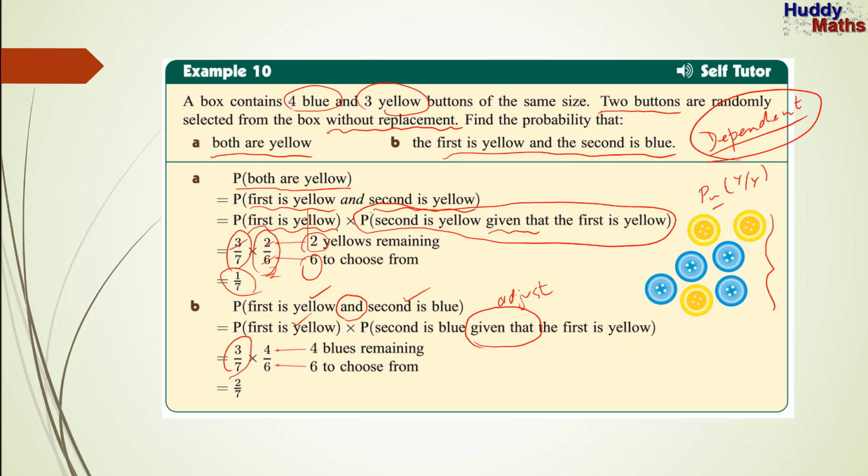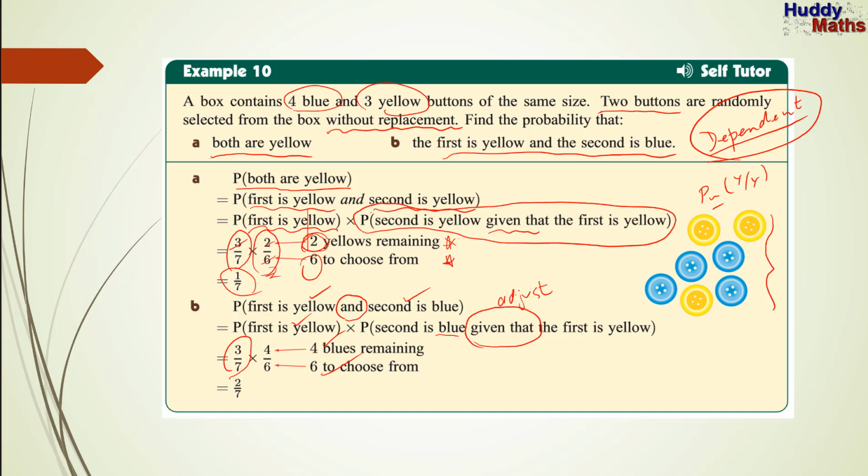There was 3 out of 7 yellow. But now you're trying to draw a blue. So there's still 4 blues, but it's now out of 6, not 7. So an adjustment is needing to be made. Can you see that sometimes you're going to reduce both top and bottom of the fraction because the second event has removed one of the things you want.